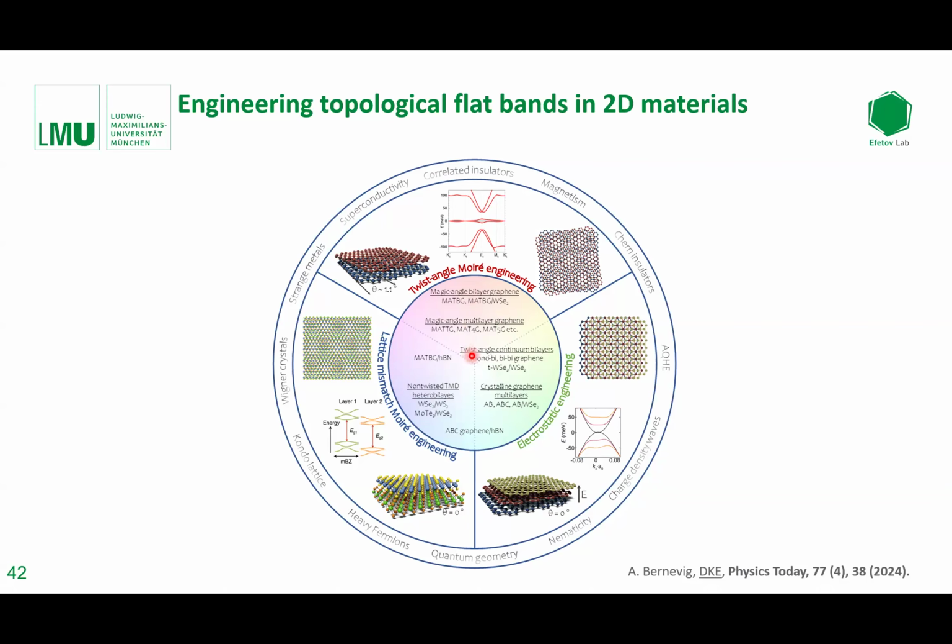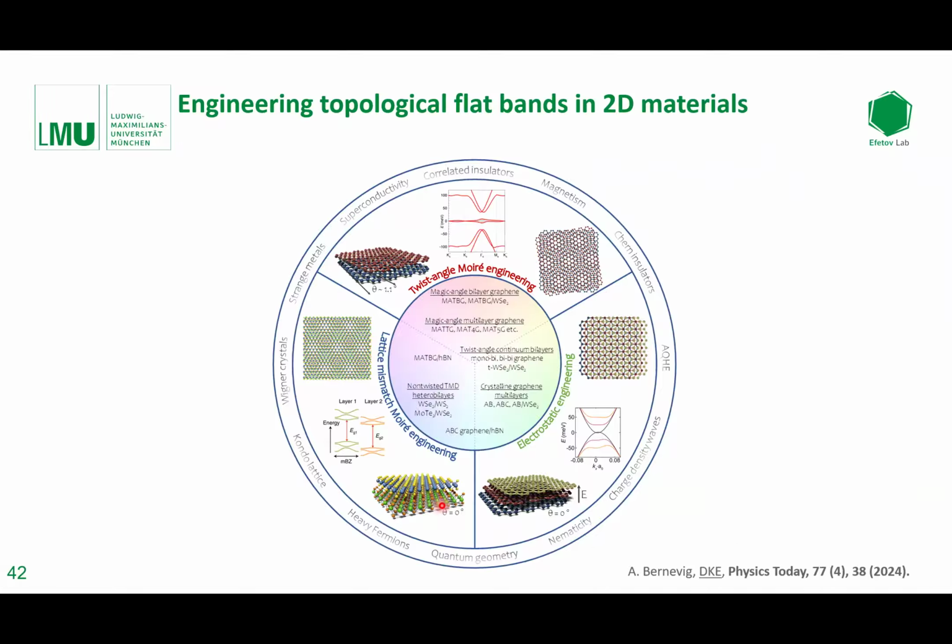Then not only can you twist materials, but you can also use lattice-mismatched moire materials. You can take, for example, TMD materials with different lattice constants and create a moire superlattice even without any twisting. I have to say these TMD heterostructures have also become very prominent in the last couple of years, where really novel phases of matter, such as the fractional Chern insulator, have been discovered.